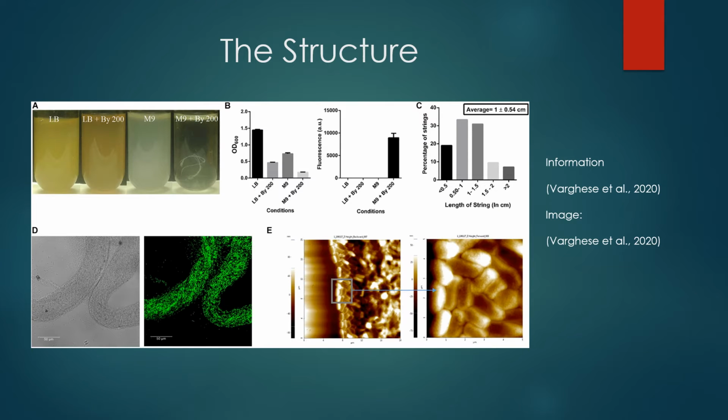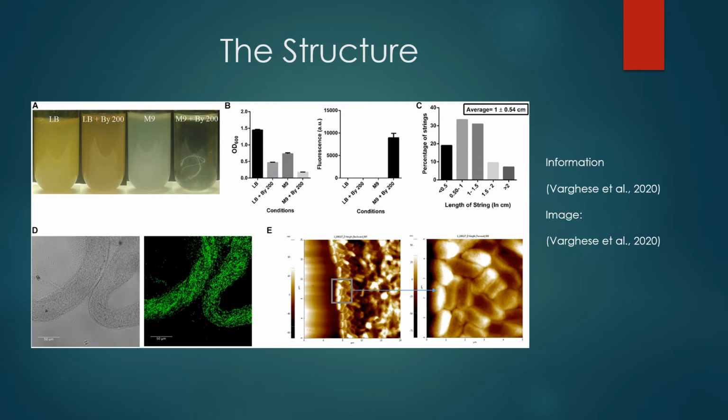Another interesting structural element of the Salmonella is the formation of strings, specifically in the subspecies Salmonella typhimurium. These 1 cm long string-like structures are induced under some stress conditions such as iron deprivation by 2,2'-bipyridyl or low antibiotic. But cells in strings revert back to planktonic growth when they return to nutrient-rich media.